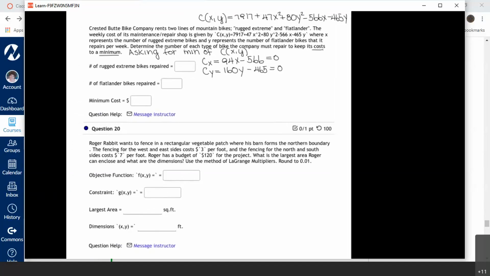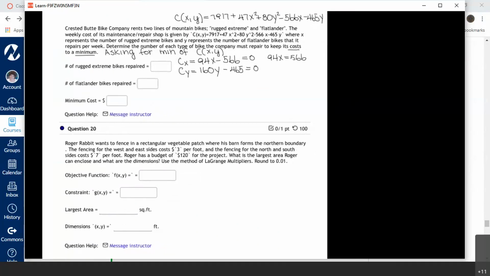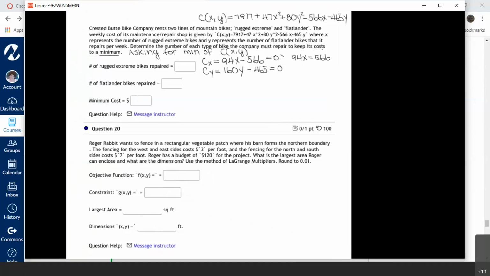Okay, so here I get 94x equals 566. When you figure that out, x is 283 over 47. It's a fraction.